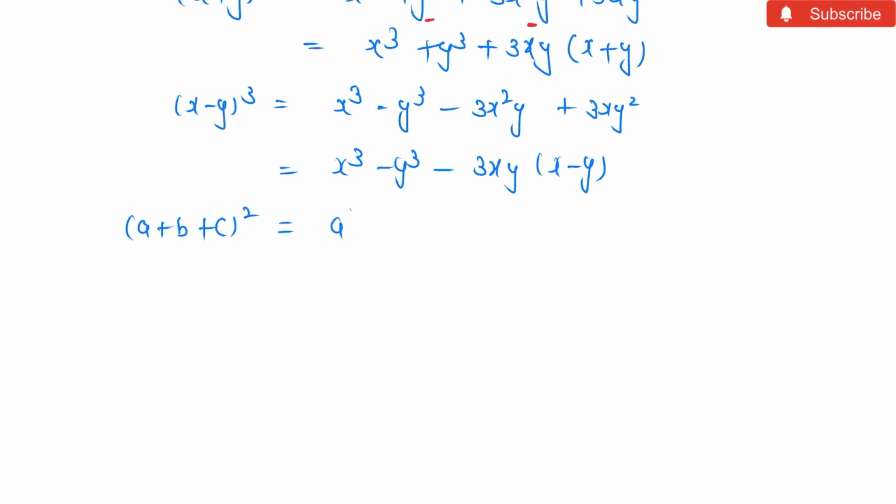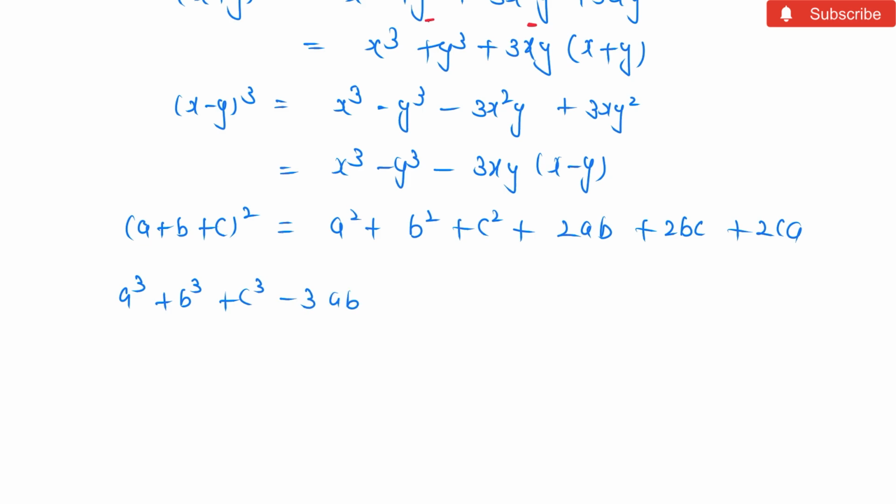So it is a square plus b square plus c square plus 2ab plus 2bc plus 2ca. And next we have another property: a cube plus b cube plus c cube minus 3abc, which is equal to (a plus b plus c) times (a square plus b square plus c square minus ab minus bc minus ca).